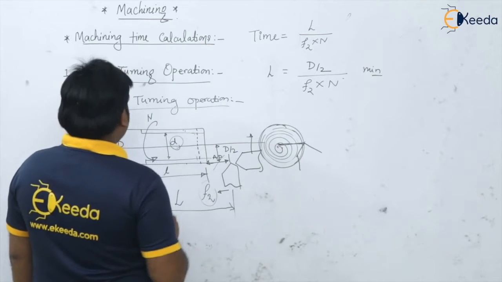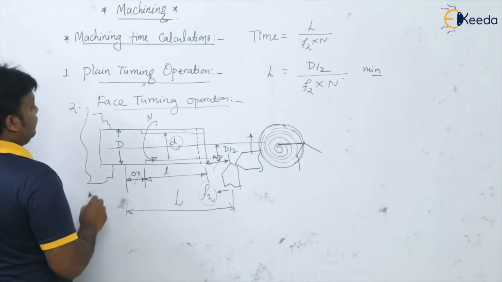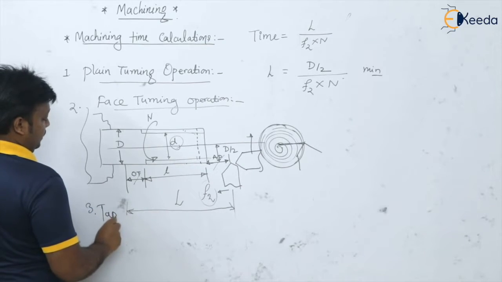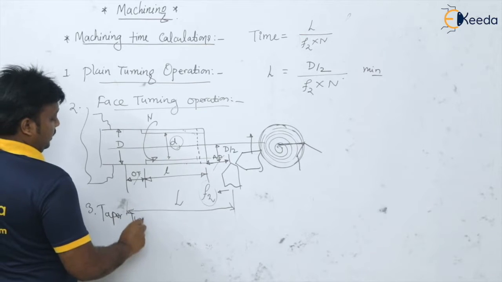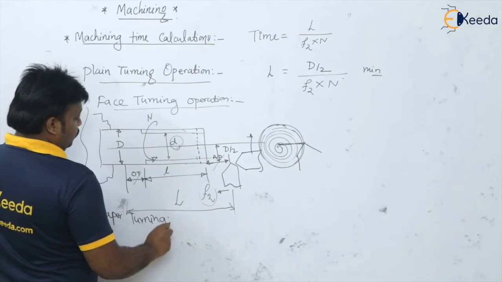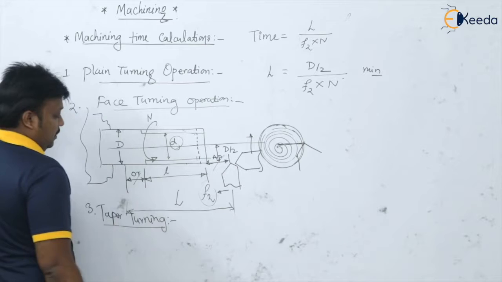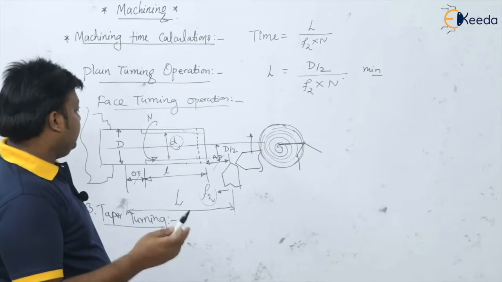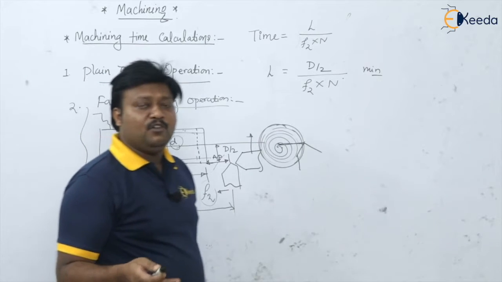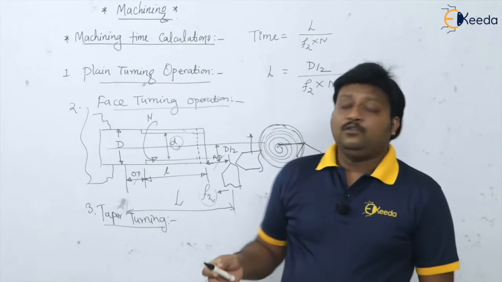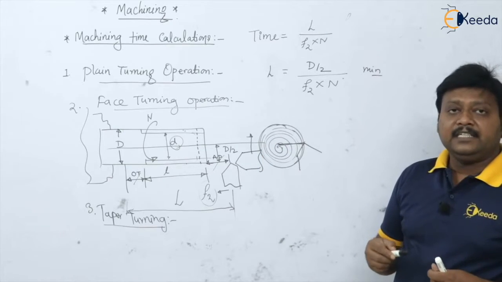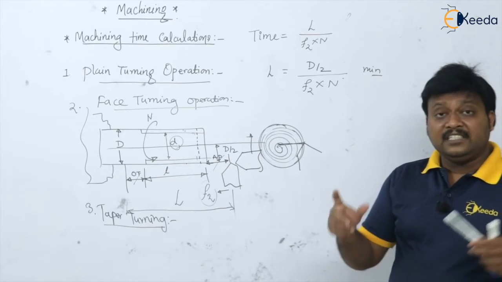Now the third case: on this lathe machine, I have the taper turning operation. You can have various methods. You can have the compound rest method, a special attachment for taper turning, the form taper turning tool, and the set over method.